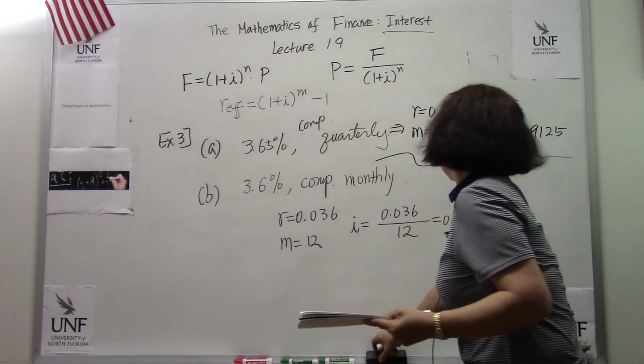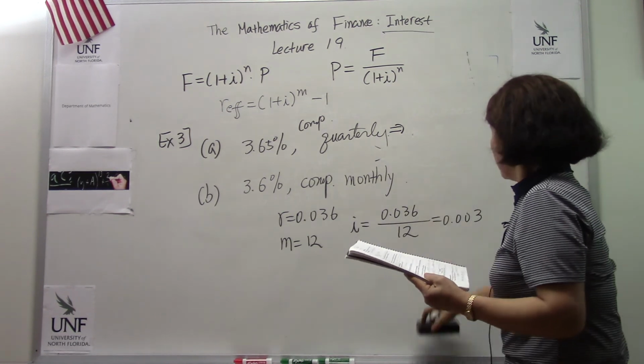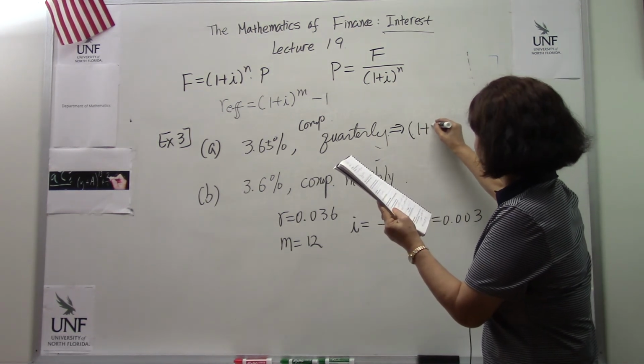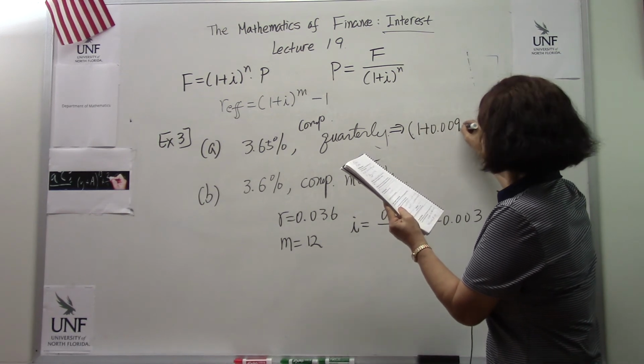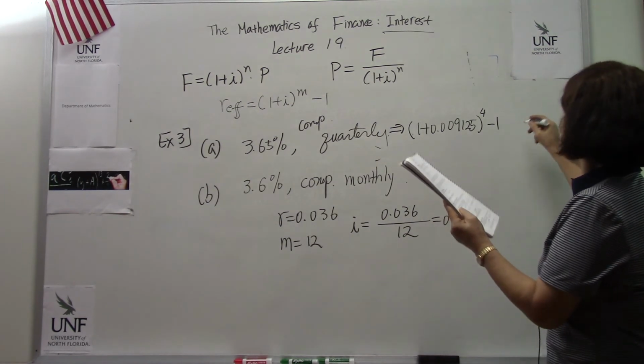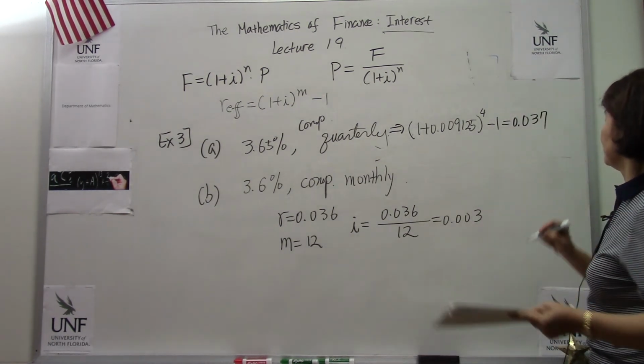Option A gives you the effective rate of 1 plus 0.009125 to the fourth power minus 1, which is 0.037.